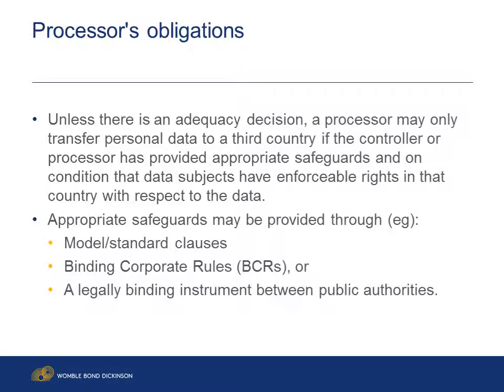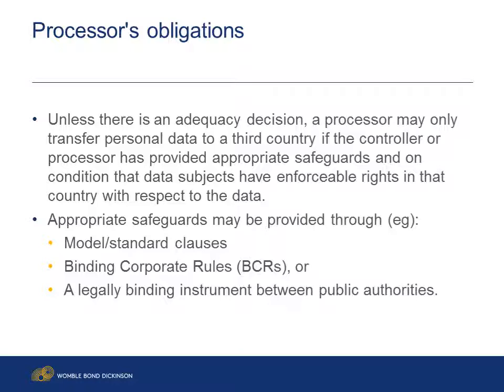Transfers of data outside the European Union or European Economic Area are prohibited unless appropriate safeguards are in place to secure and protect data subjects' rights. At national level, a third country may be the subject of an adequacy decision made by the EU Commission.